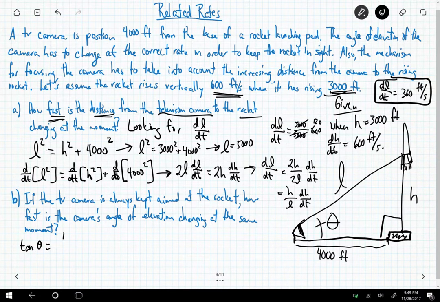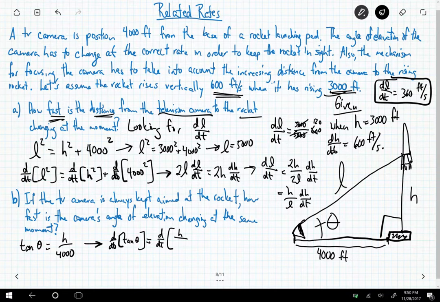So the tangent of theta equals h over 4,000. Same thing, when we take the derivative with respect to t, right? So you get d/dt of tangent theta equals d/dt of h.